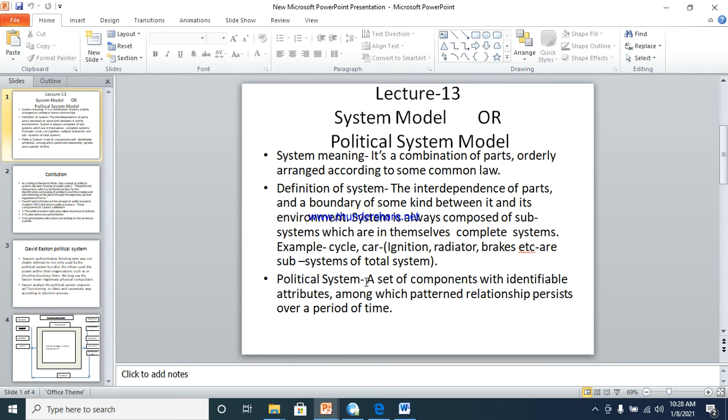These parts are arranged according to some way or some rules.